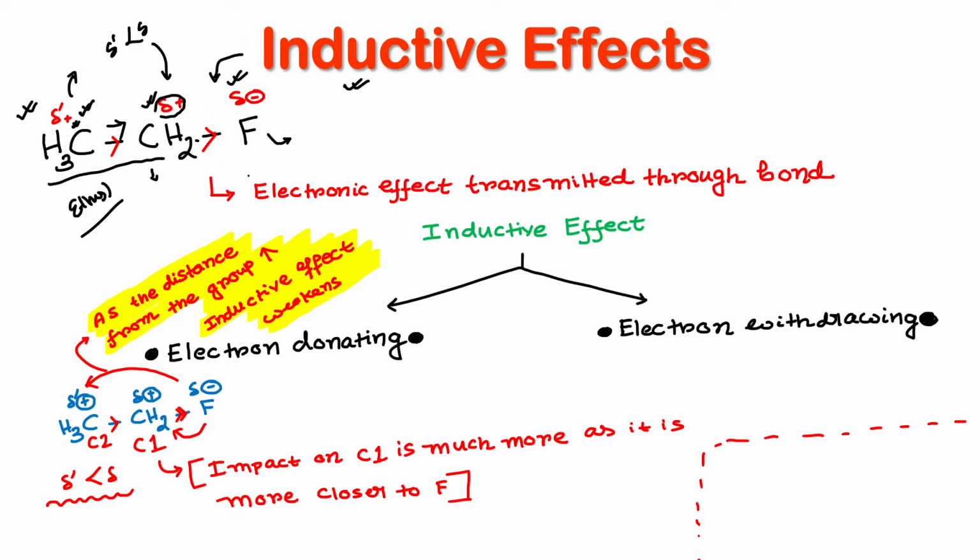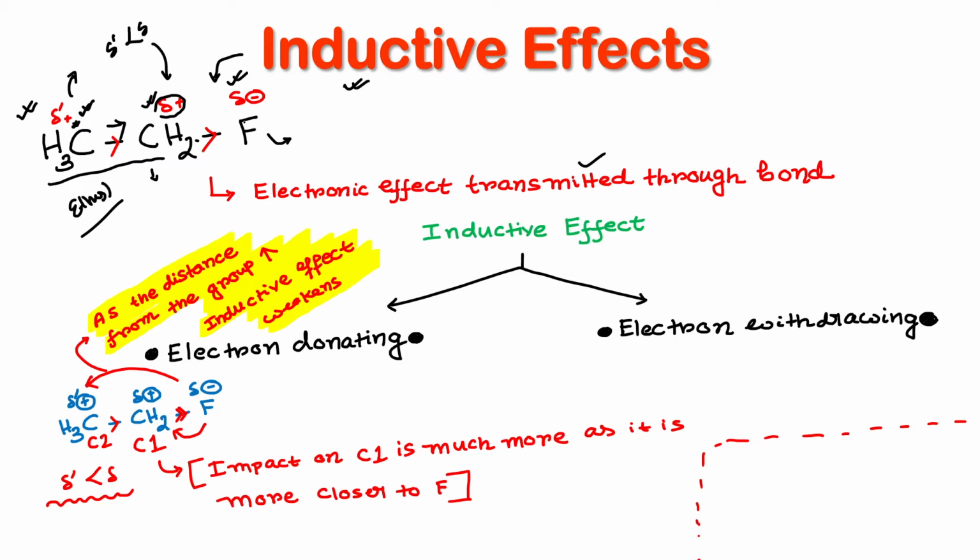So basically this inductive effect is a type of electronic effect which is transmitted through the bond. You can see that in this case the effect is transmitted through the carbon fluorine bond, and in this case the effect is transmitted through the carbon carbon bond.